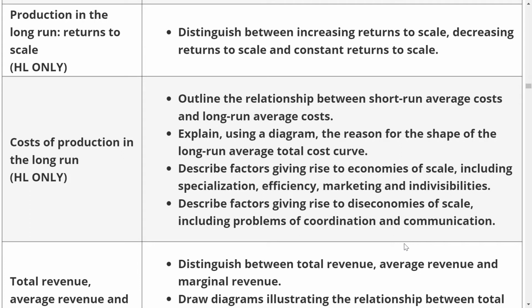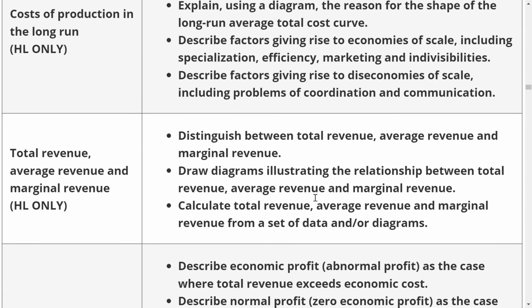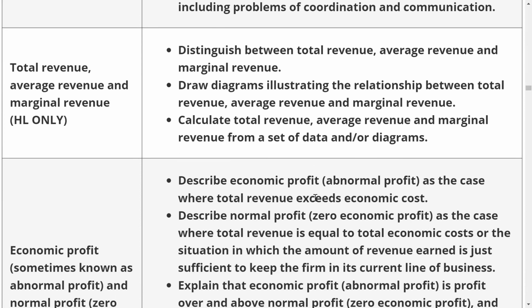So internal economies of scale are basically economies of scale that occur within the company and the corporation. External economies of scale are economies of scale that occur outside of the firm, within the industry as a whole. We have gone into a lot more depth in previous videos, so we are just reviewing total revenue, average revenue.